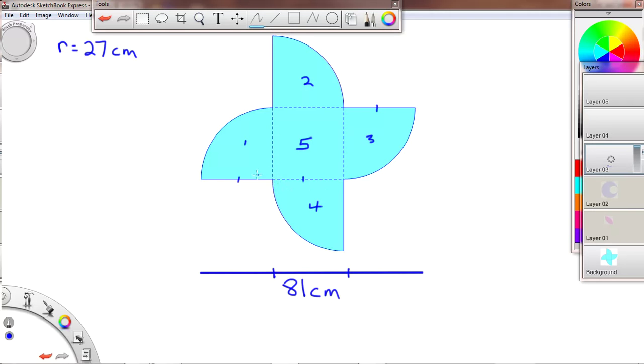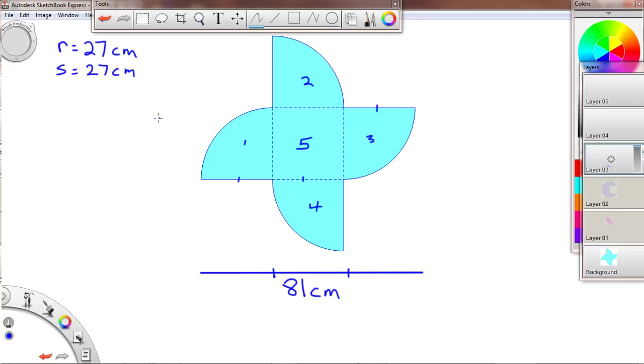I get a side of my square, and I get the radius length of my other quarter circle here. Okay, so I take 81, divide by 3, and that gives me the radius and also the side length of my square. Those are the same. I'll say that again. The radius of the quarter circles and the side lengths of the square are all the same in this problem. Okay, so let's get started.